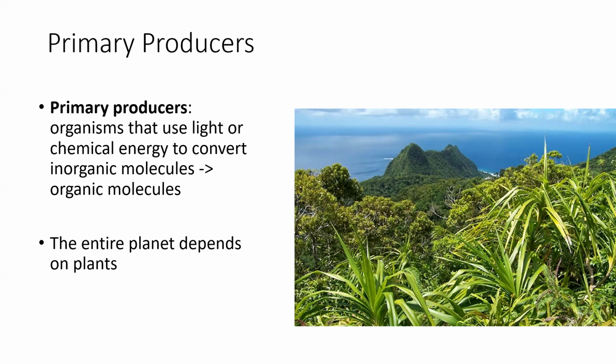So their ability to do this is really, really important to the functioning of the entire biosphere because all other organisms are going to be able to take advantage of their stored sugars. Plants and photosynthetic organisms are the most abundant primary producers on the planet.